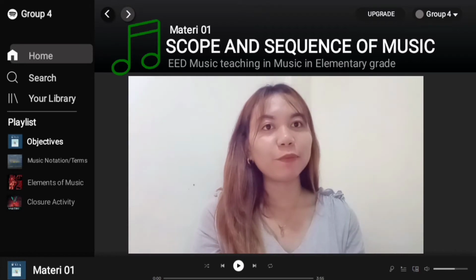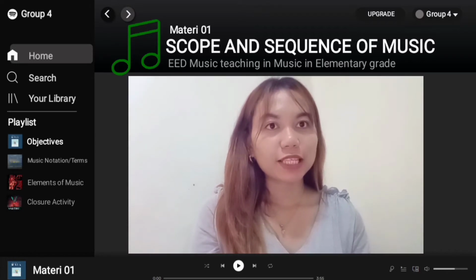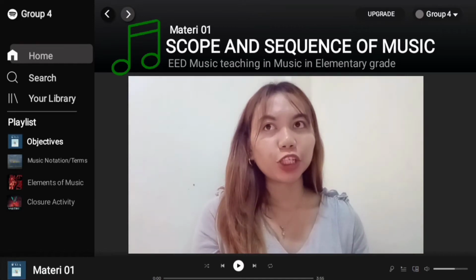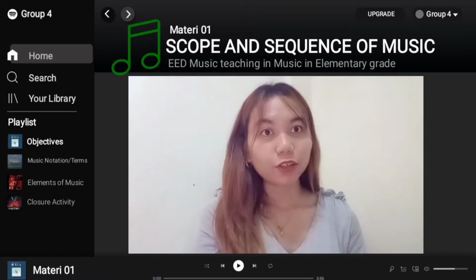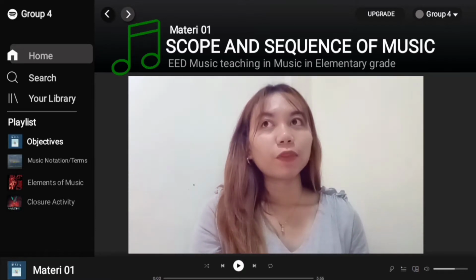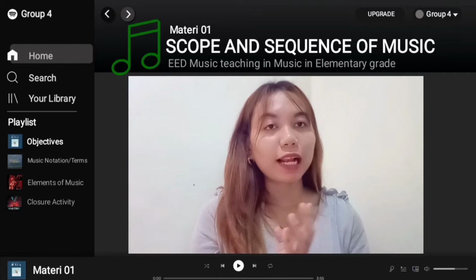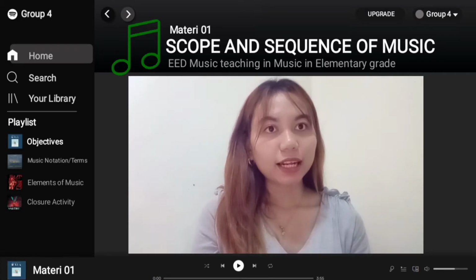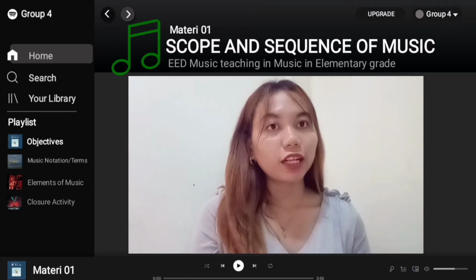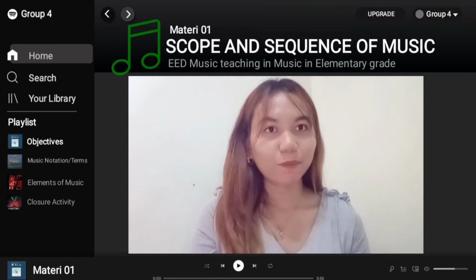So, first, alamin muna natin kung ano ang scope and sequence in music at bakit kailangan natin pag-aralan to, yung mga terms, mga elements na to, pwede ko naman pakantahin lang yung estudyante ko, di ba? So, aalamin natin dito kung bakit mahalagang pag-aralan to para mas lalo nilang maintindihan at mas magiging love nila at mas ma-appreciate nila ang pag-aaral ng music.